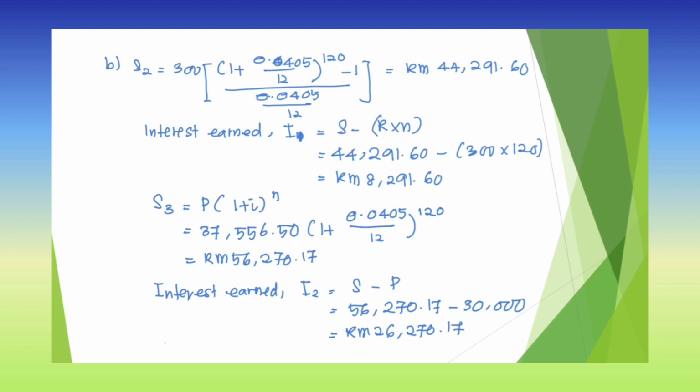So total interest is I1 plus I2, which is 34,561.77.